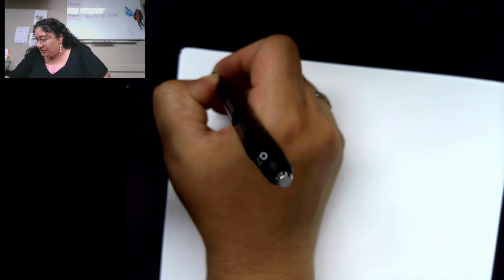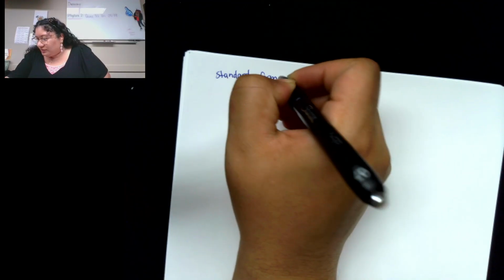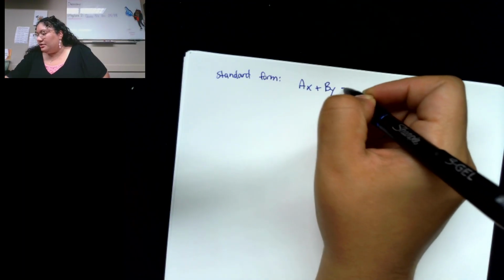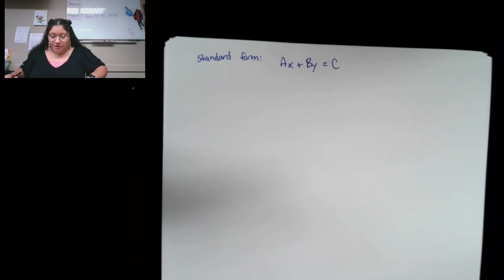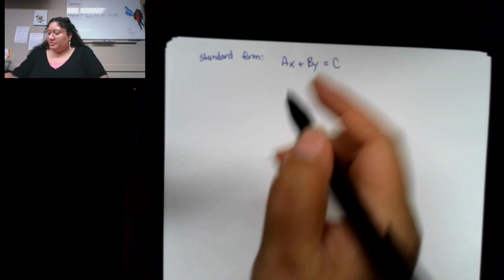So we've worked with standard form. We learned this already, standard form of our equations, which again was ax plus by equals c. From here, I can solve for my x and y intercepts.